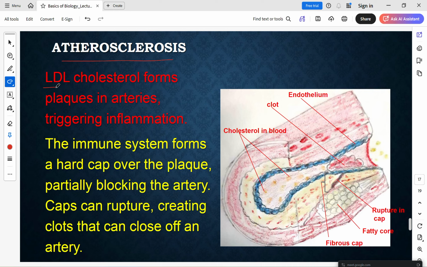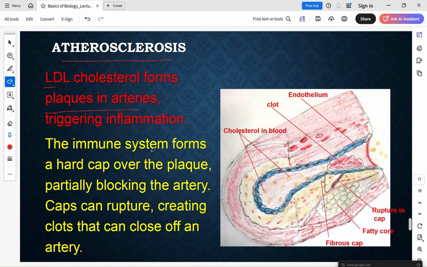If the body is rich in low density lipoprotein, that implies the signals in place make sure that the cholesterol comes into the circulation. Whereas if there is a high amount of high density lipoprotein, the signaling is such that the cholesterol stays in storage and does not circulate. Therefore, when there is very high LDL, cholesterol is in circulation, and this cholesterol forms plaques in arteries.